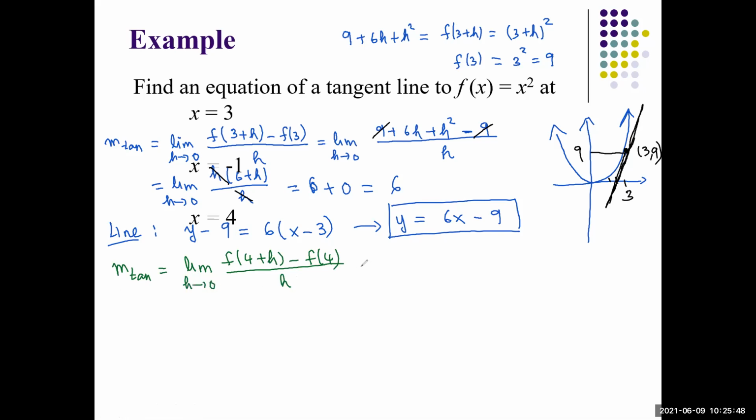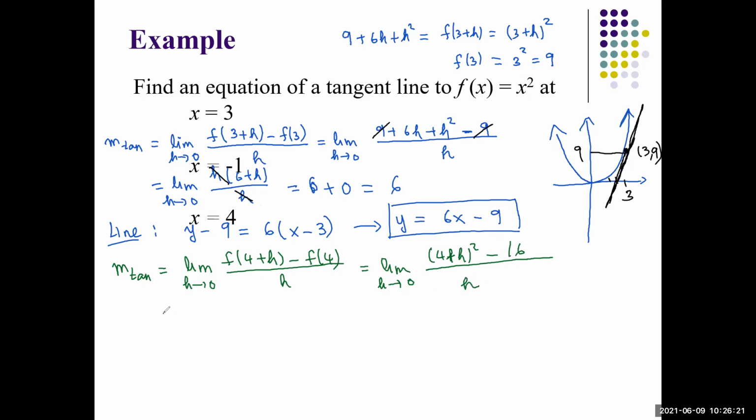And you should see that everything is very similar. It's just a different number, 4 instead of 3. Now, instead of 3 plus h, you actually have 4 plus h squared here, right? So you should have (4 plus h) squared here, and then minus f of 4, you plug 4 in, that's 4 squared, or 16, over h.